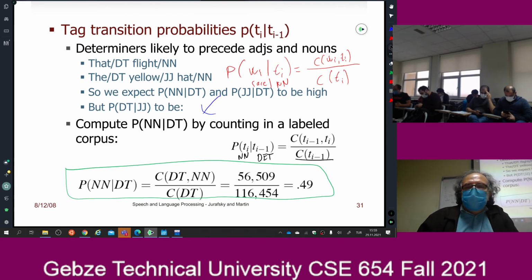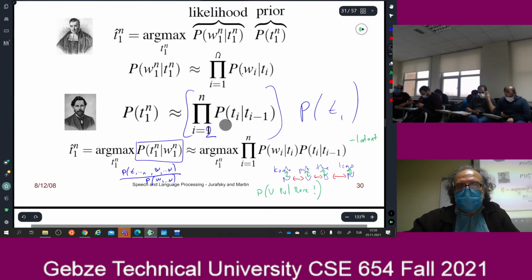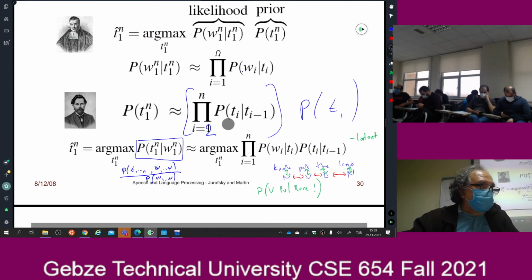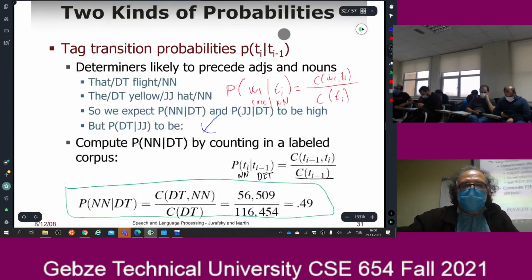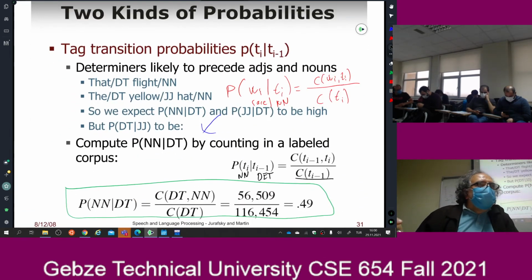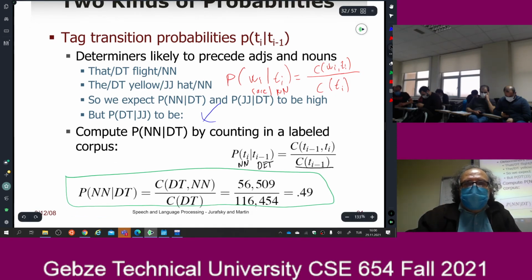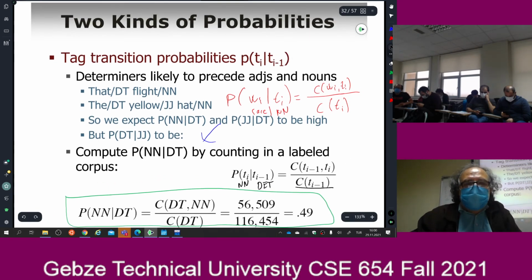Of course, we need some kind of smoothing, otherwise most of the sequences will produce zero probability. If zero probabilities are there, I will be in trouble calculating this. Without smoothing, life is not easy. Everything turns out to be zero, which will not produce anything useful. So that's one kind of probability, the transitions.